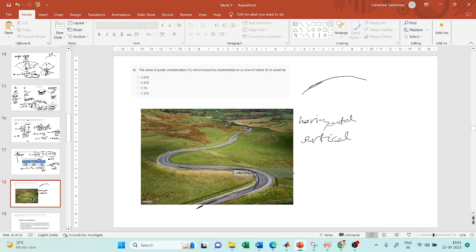To make it more clear, let us say you're traveling on a vertical curve. Let me put it this way and show you the top view. This is at one level, L1, and this is at another level.